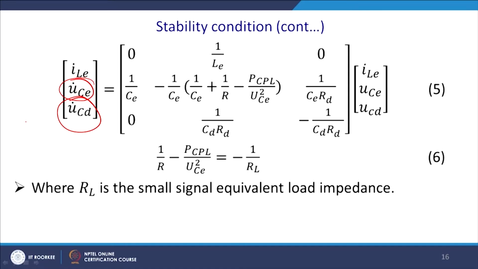So, what you can see is that you can write down the state space equation, where 1 by R minus CPL by Uc square equal to 1 by RL. So, this is one of the constraints, and this RL is the small signal equivalent load impedance. So, that is something we take as RL, the load impedance.